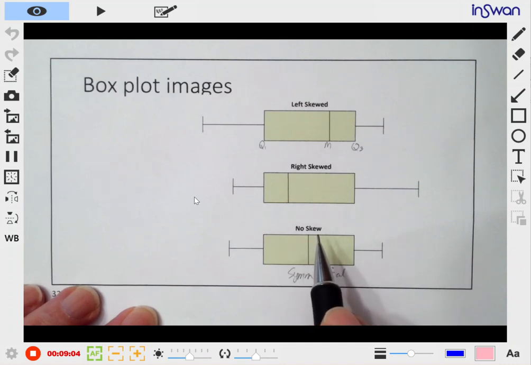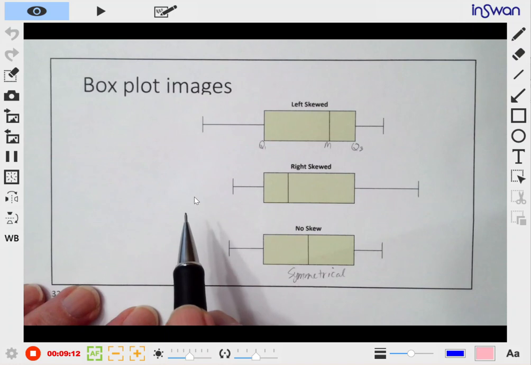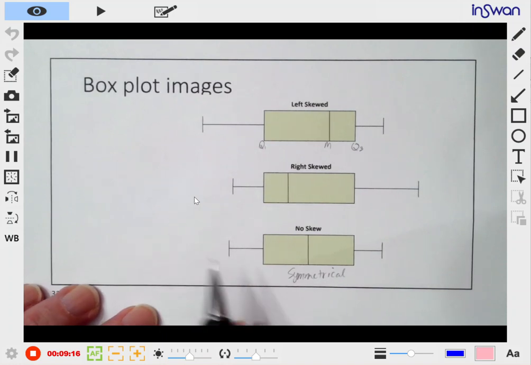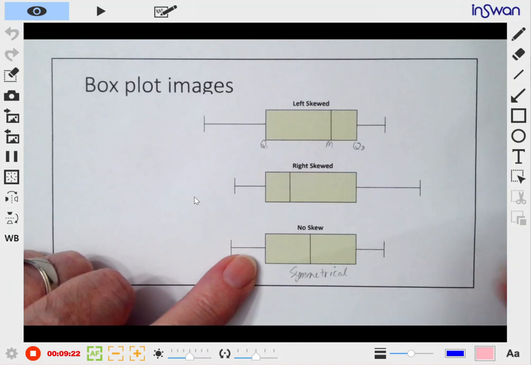Not always, but that's kind of the tendency. When our data is right or left skewed, box plots and IQRs could be very helpful in analyzing that kind of data, and so we tend to do that. The IQR is a lot more important when we're dealing with skewed data.